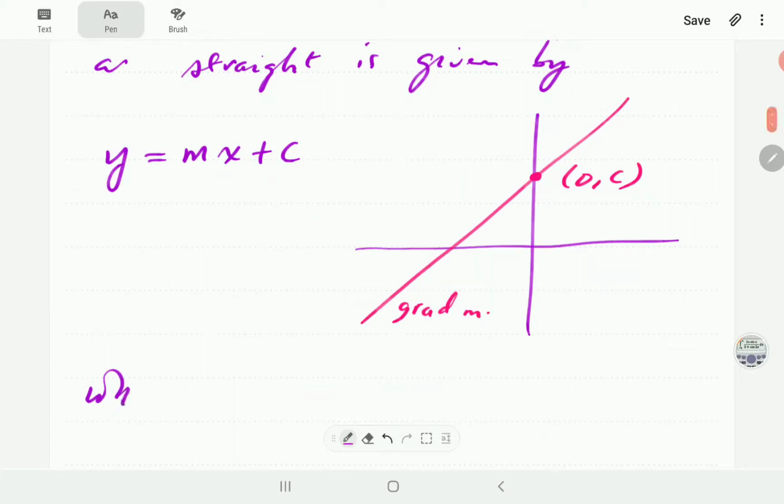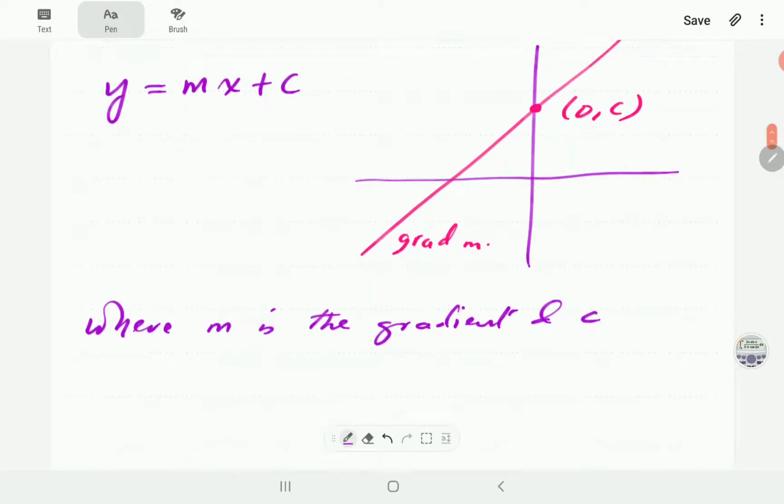So the sentence finishes: where m is the gradient, and c, we have explained what the gradient is in the previous video on straight line segments, if you'd like to check that one, and c is the y-intercept.